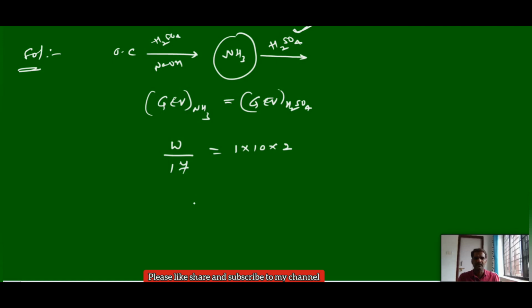From this we can calculate the weight of ammonia. W is equal to, this is given in ml, milligrams. How much will we get? 340 milligrams, nothing but 0.34 grams.